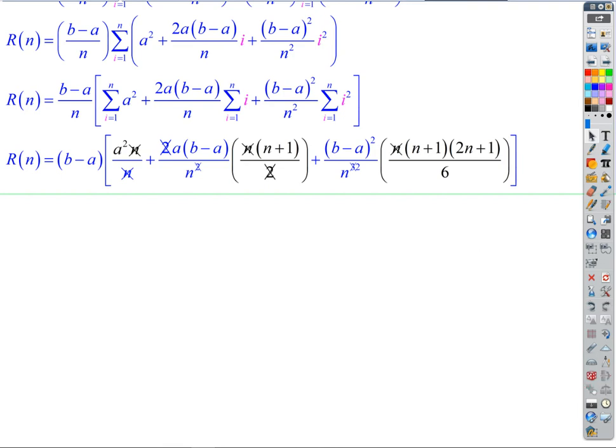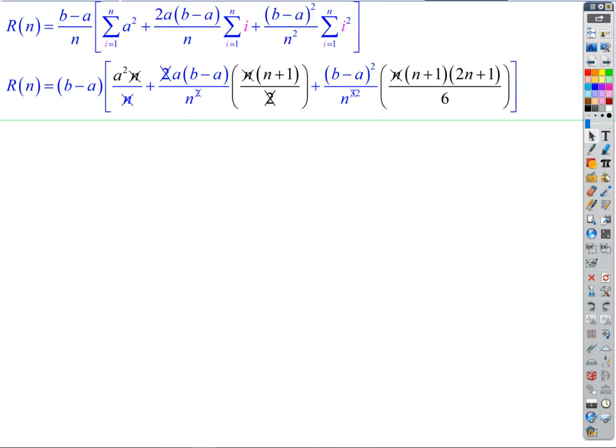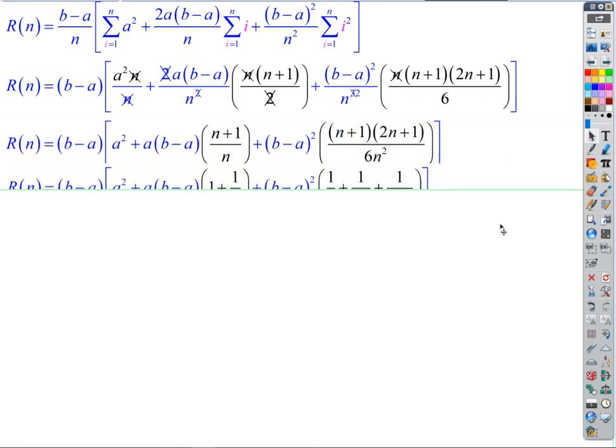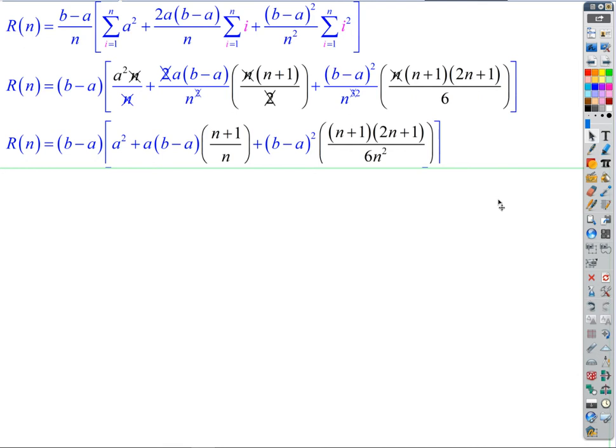And if I do all the same stuff, essentially, I'm just going to still cancel the 2's. I'm going to cancel the n's there. I'm going to reduce the, okay, I guess I can't reduce that one, can I? I can't really cancel any numbers there, but I can cancel an n, I can cancel an n. And as the dust starts to settle here, what happens?